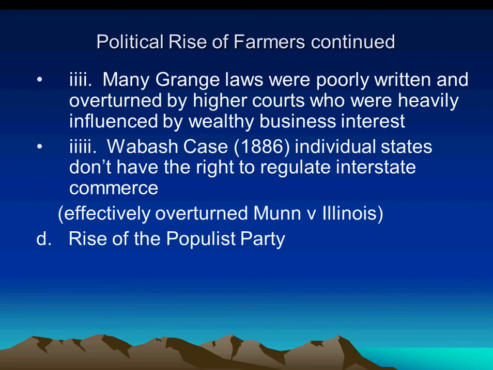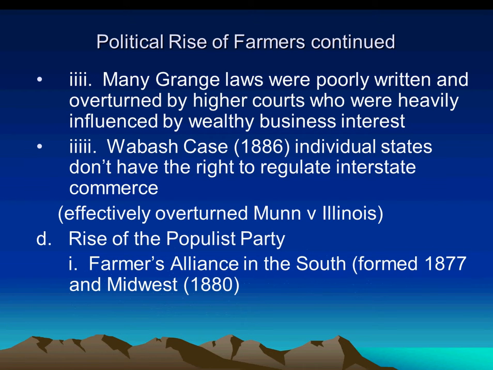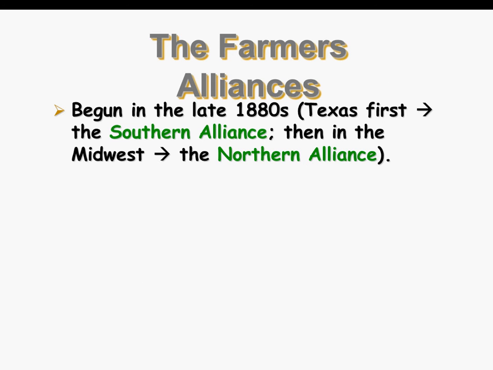Now, the Populist Party, or the People's Party, was formed after the Grange organization lost some of its clout, some of its influence. The Farmers Alliance in the South, the first organization that the Populist Party will come out of, was formed in the Midwest and the South to give farmers a voice in government.